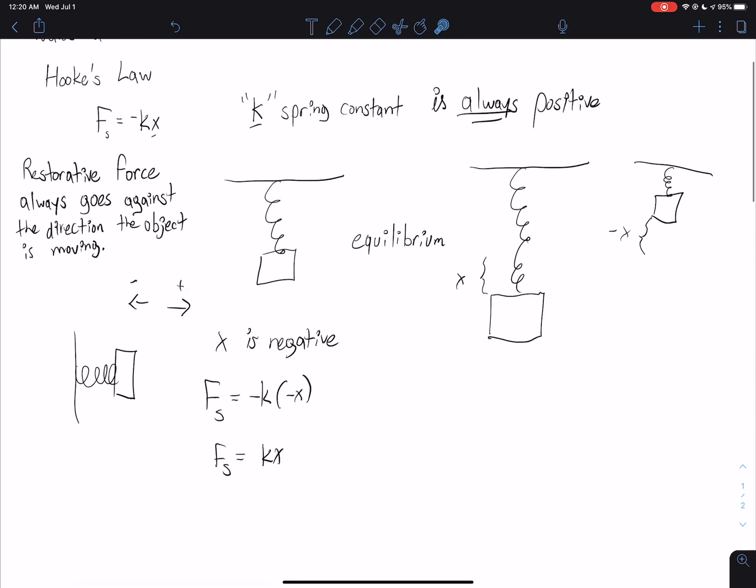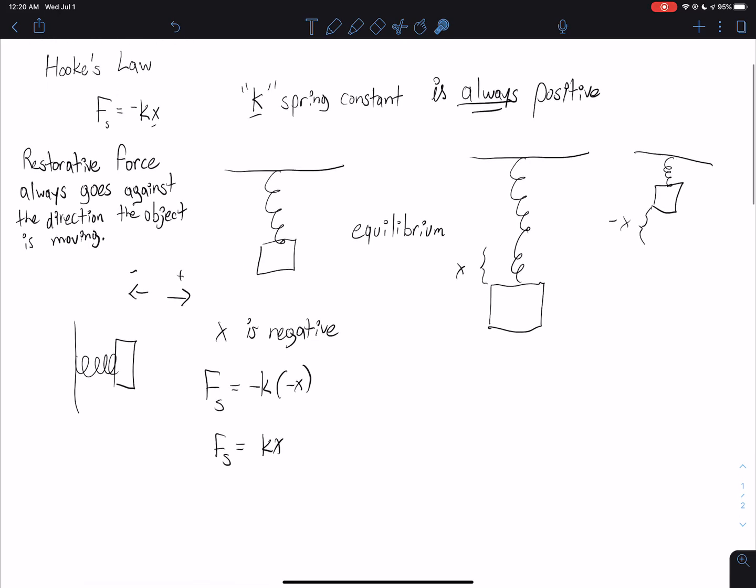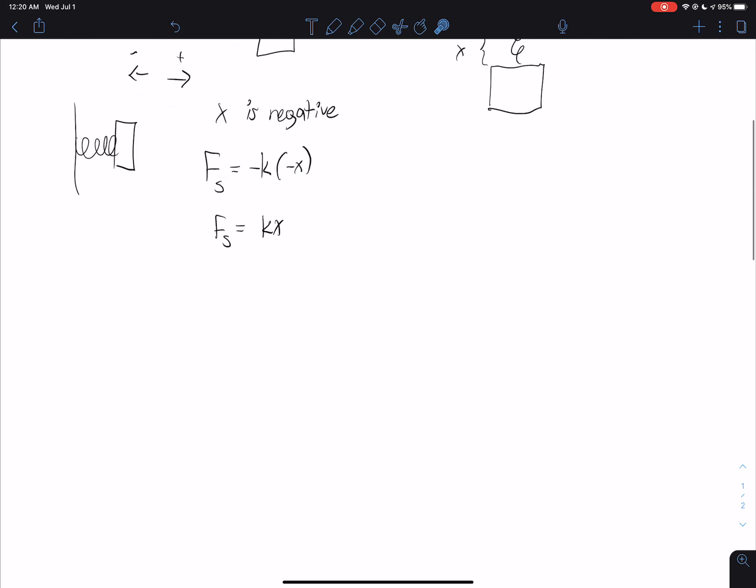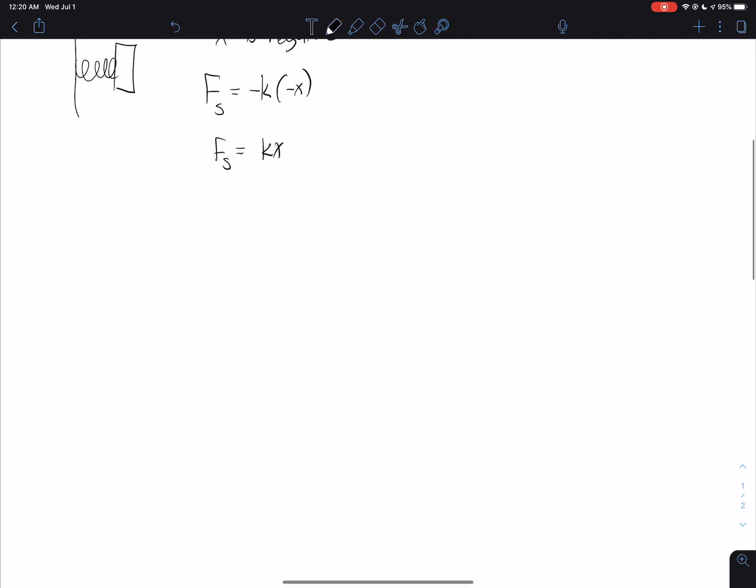Now, we are going to start moving on to something that we call simple harmonic motion.